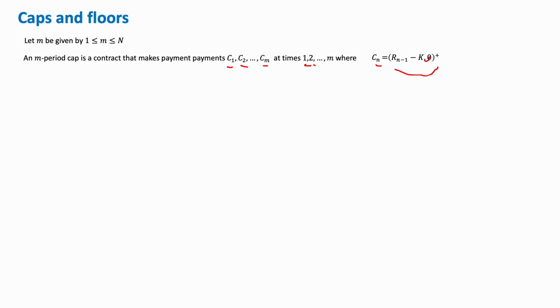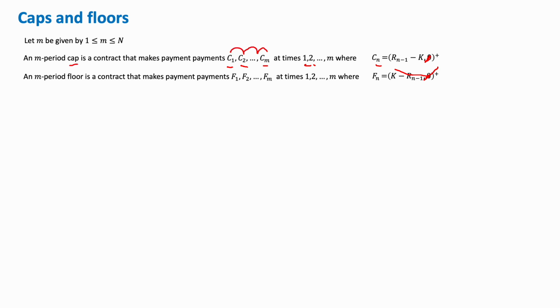This is the same as before, and we can forget about the 0 here. The same thing for the floor, with the same expression as the floorlet. So when you look closely, the cap is really just a portfolio of m caplets, and the floor is a portfolio of m floorlets.